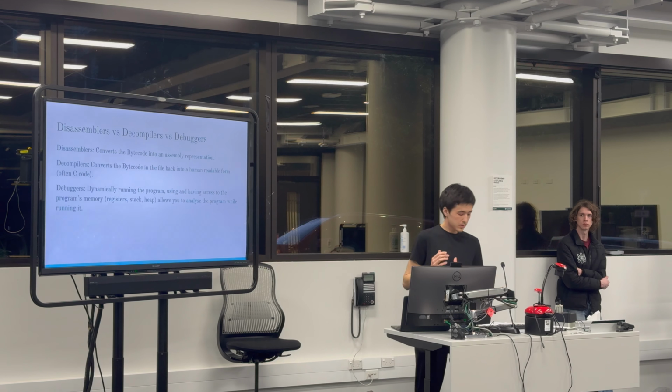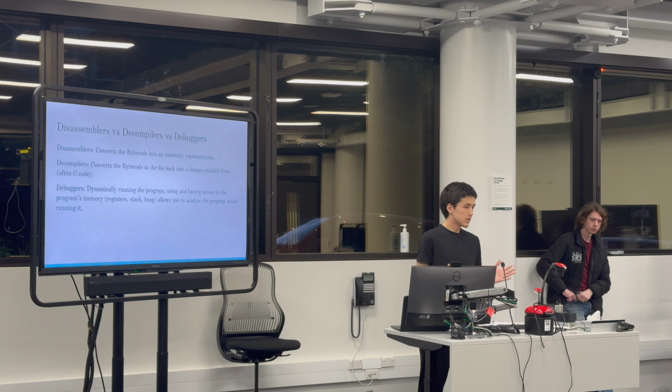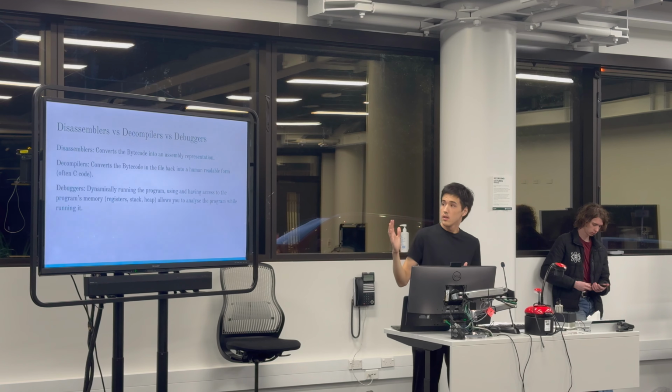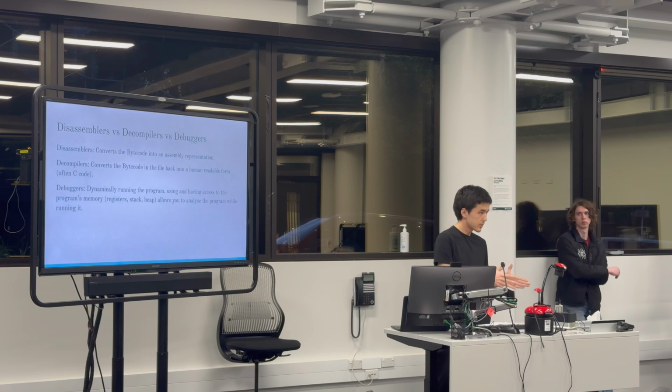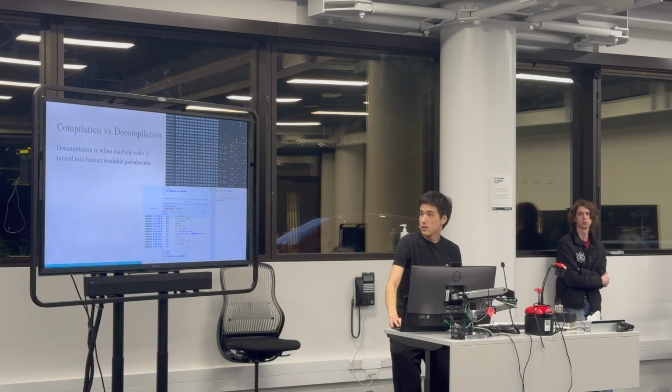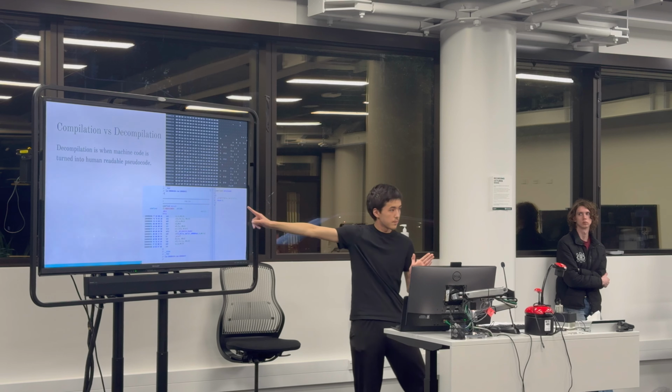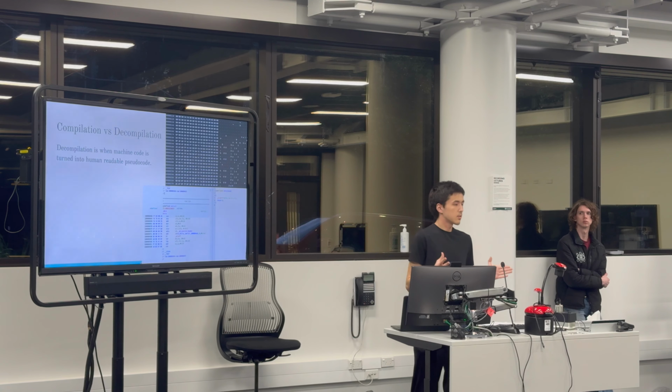So disassemblers basically turn the code into that assembly representation, and let you statically analyze the code. Decompilers convert the disassembly into the C code right here, that you saw, so that you can actually read it.